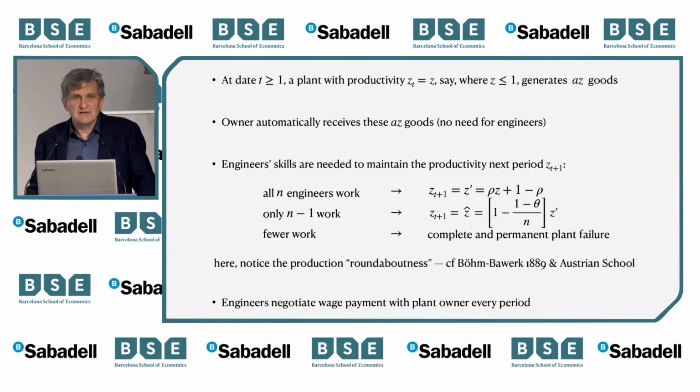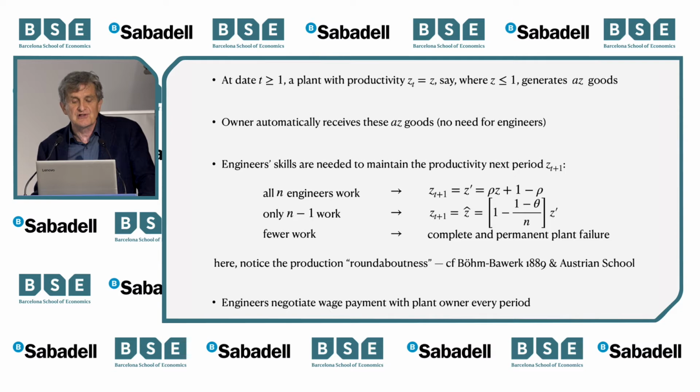Now, at any date from tomorrow, Saturday, date T equals 1, onwards, let's suppose the productivity Z_T is equal to some level Z, and Z has a natural ceiling of 1. And remember, I'm assuming that the new plant is at its max level, 1. What productivity means is that on that morning of the day in question, you will get AZ goods.